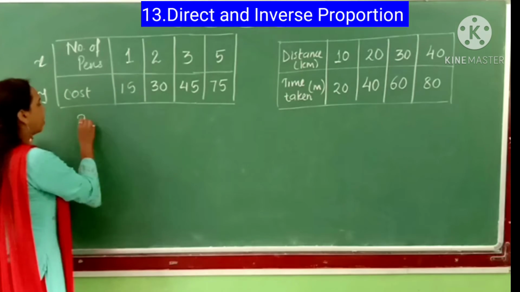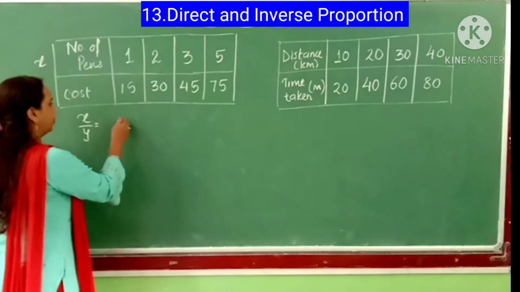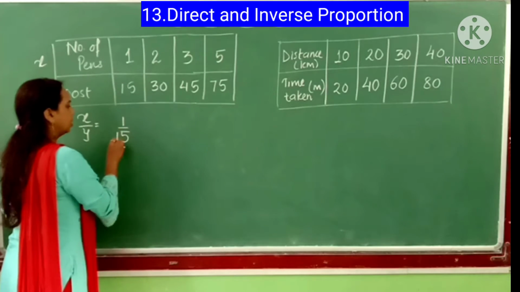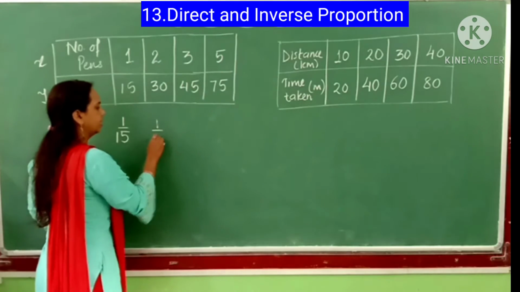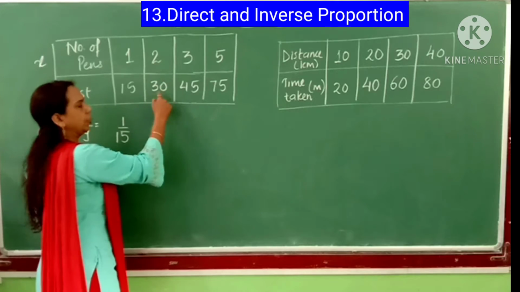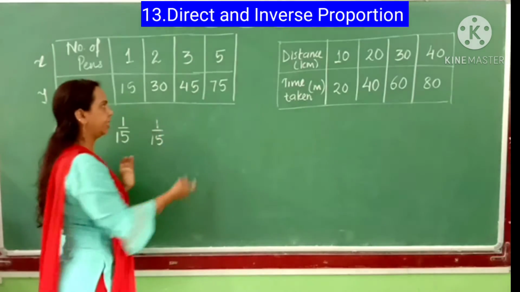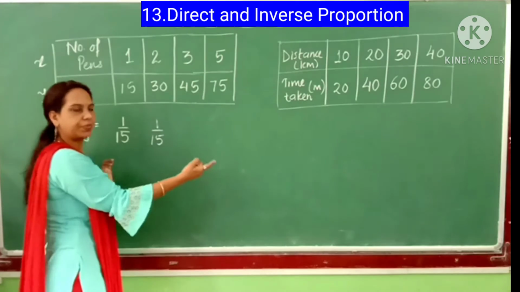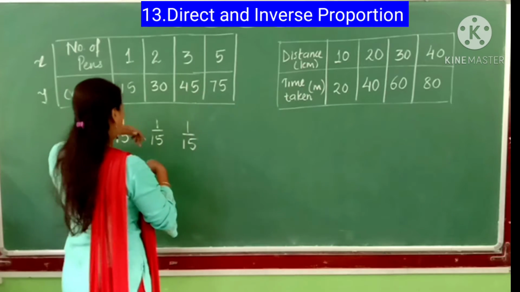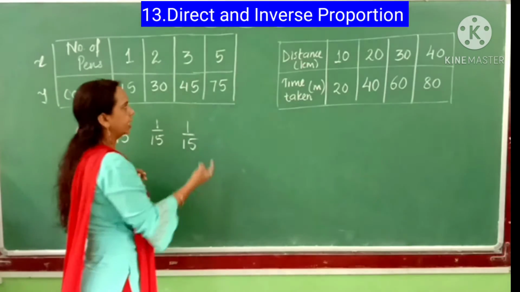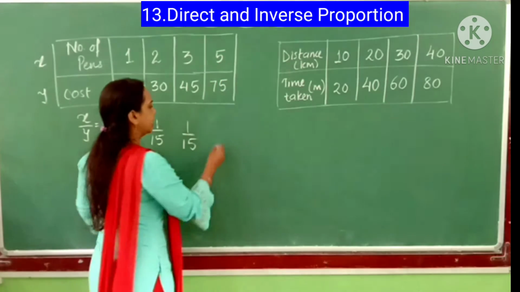When we take x upon y, for the first it is 1 upon 15, then 2 upon 30 means 1 upon 15, 2 into 1 and 2 into 15. 3 upon 45 means 3 into 1 and 3 into 15, so 3 cancels, it's 1 upon 15. 5 upon 75 is 5 into 1 and 5 into 15, so 5 cancels.